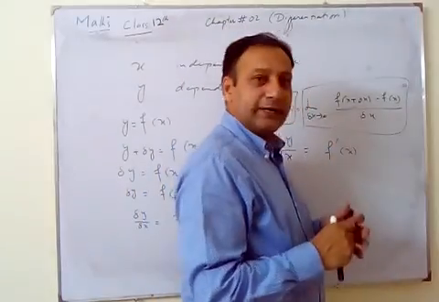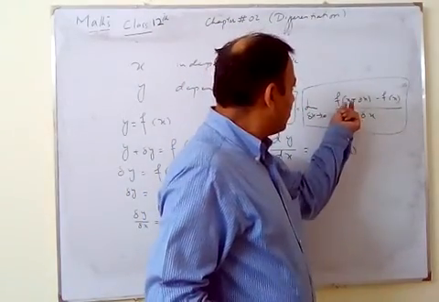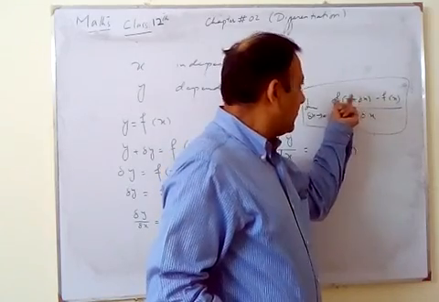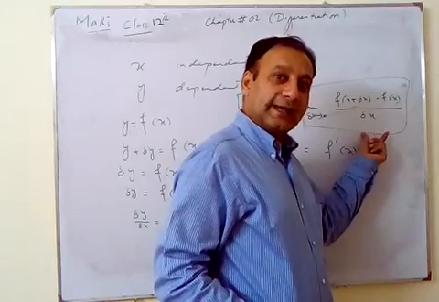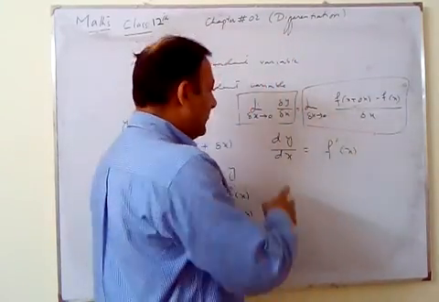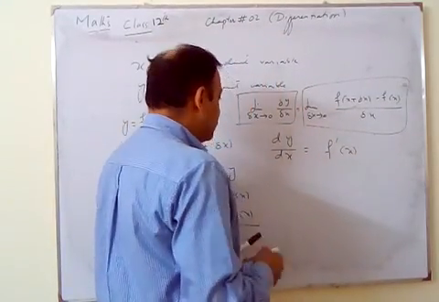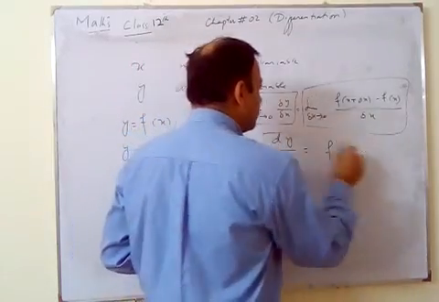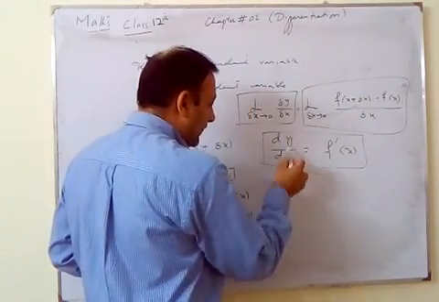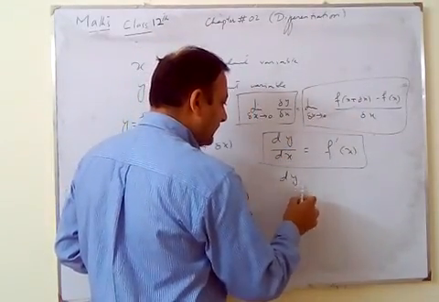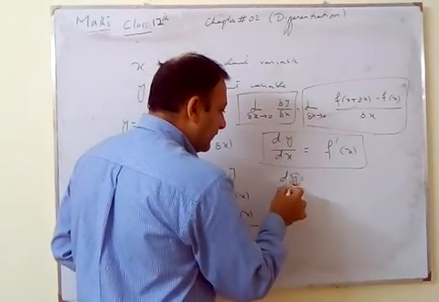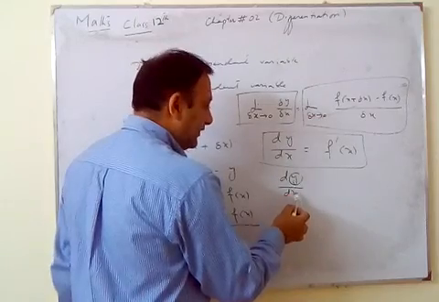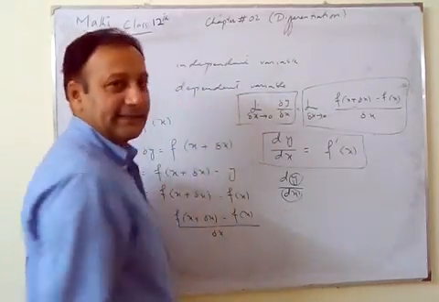What is meant by this statement? This statement shows the change in a function of x with respect to x. When we say dy by dx, it means the derivative of y with respect to x.